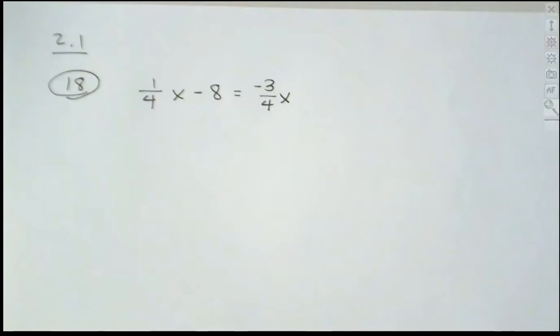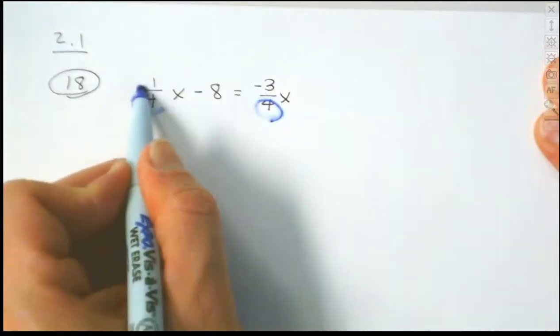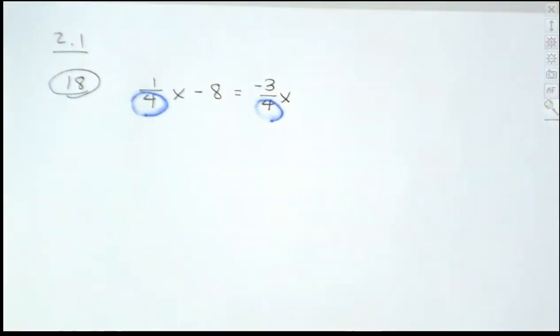Now, we can either clear out the fractions, or in this case, it's going to be easier if we just combine them together. But when we look at this one, what do we notice about these denominators? They're the same, right? So we don't necessarily have to clear them out.